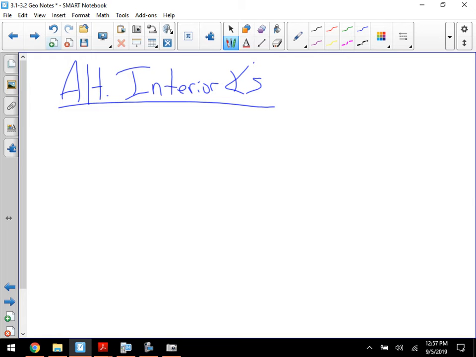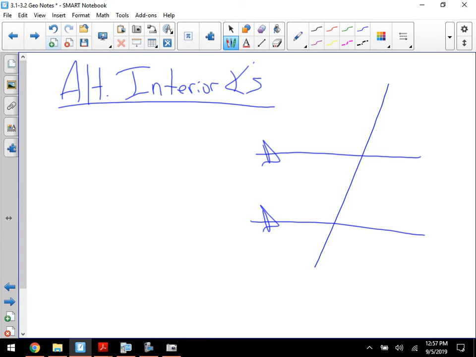So when you have parallel lines, transversal, as I'm going through there, alternate interior. Well, alternate. Take a guess what that means.